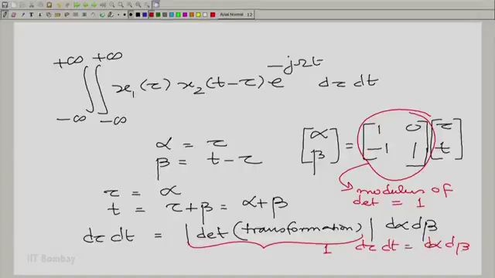And of course, we can also see that when tau and t run independently from minus infinity to plus infinity, alpha and beta also run independently from minus to plus infinity. So, the limits of integration remain the same, minus infinity to plus infinity for both alpha and beta, and the element of integration also remains the same because the Jacobian is essentially 1.